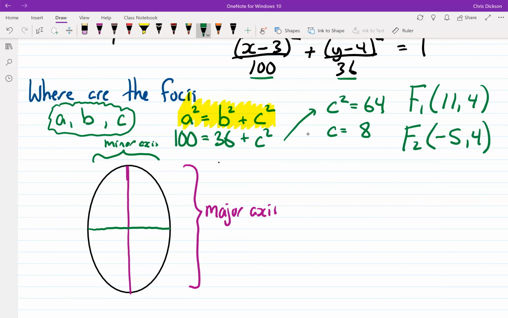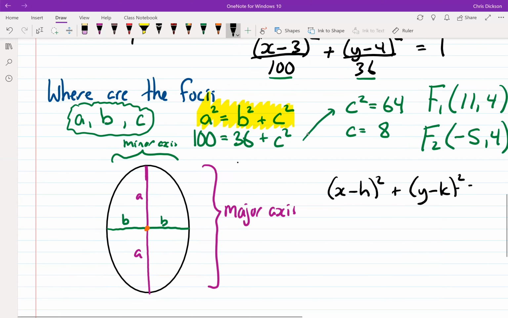What's still true is that this is still b, that's still b, and this is still a, and that's still a, and of course they should meet at the center. So that'd be the center of the graph right there. So what's the formula here? Well, it's still x minus h all squared plus y minus k all squared, still equaling 1.